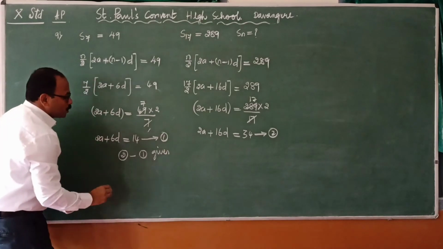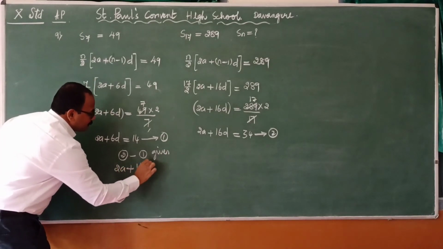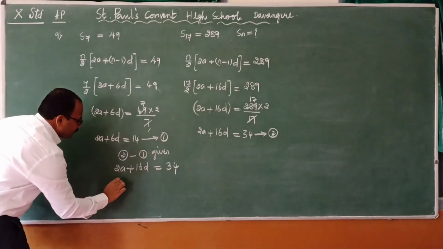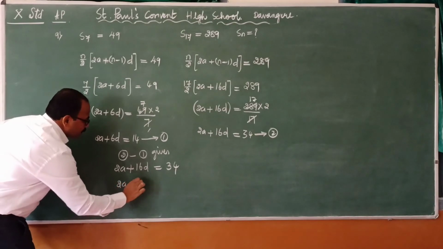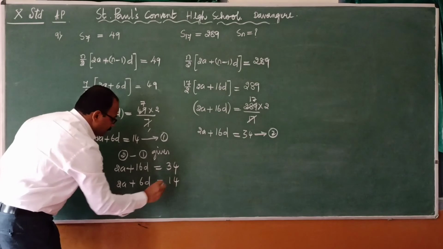Comparing equation 1 and 2, we can write equation 2 minus equation 1. Equation 2 is 2a plus 16d is equal to 34. The first equation is 2a plus 6d is equal to 14. You have to change the sign.